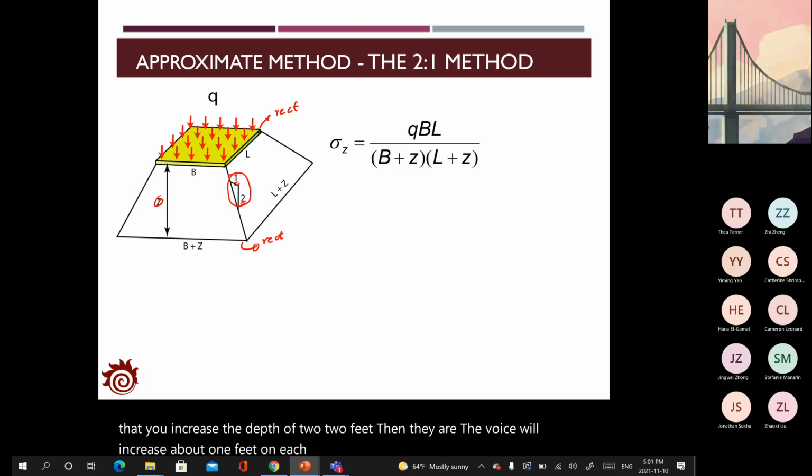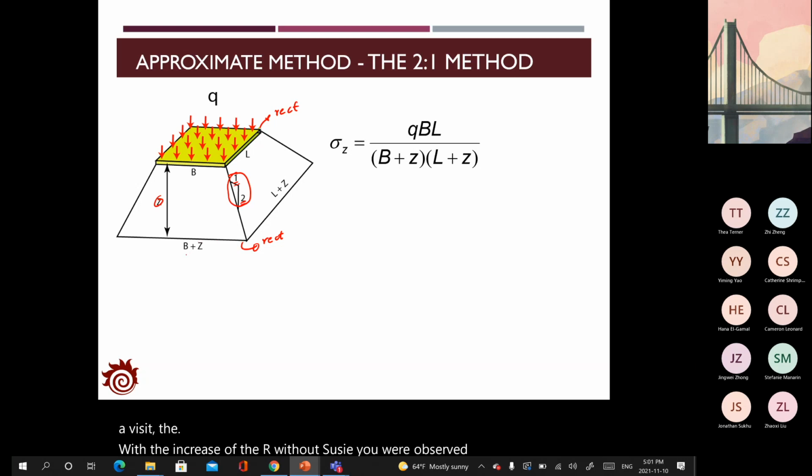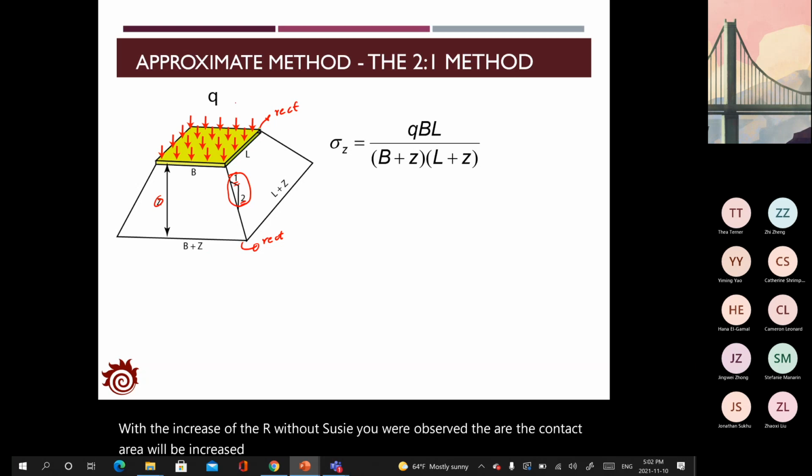So what you're going to observe is that with the increase of the depth z, the contact area will increase from b by l at the surface to b plus z by l plus z at the depth of z.